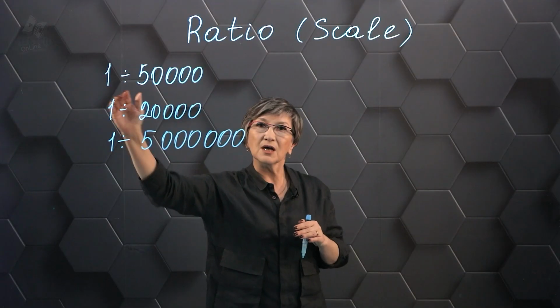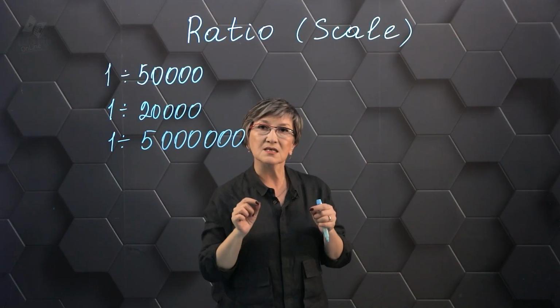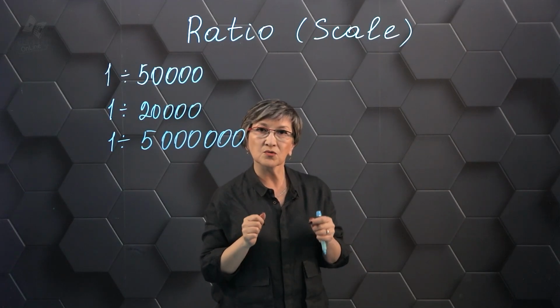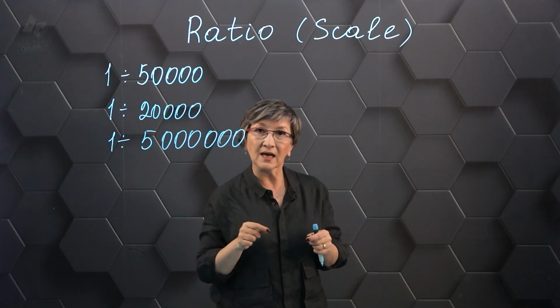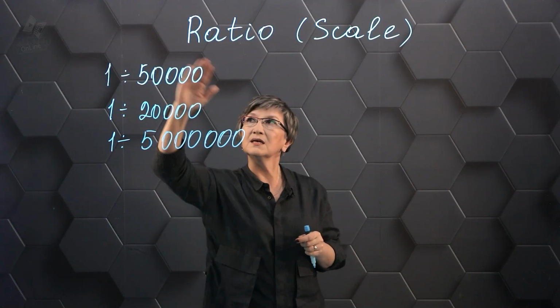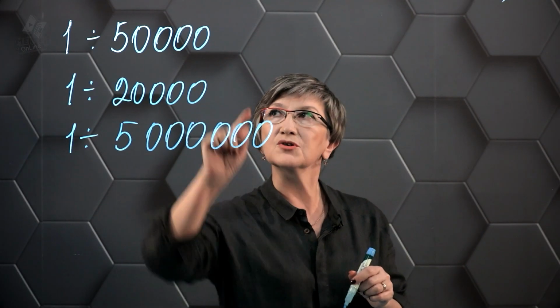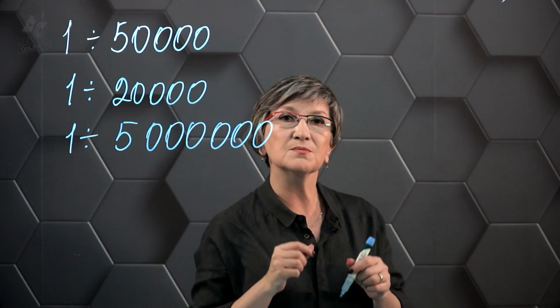Using the scale that is written on the map, we can always find the distance on the ground between 2 points. Or knowing the distance between 2 points, we can always find the distance on a map if we are given a scale. In order to solve the problem using scale and find the distance, let's solve the following problem.